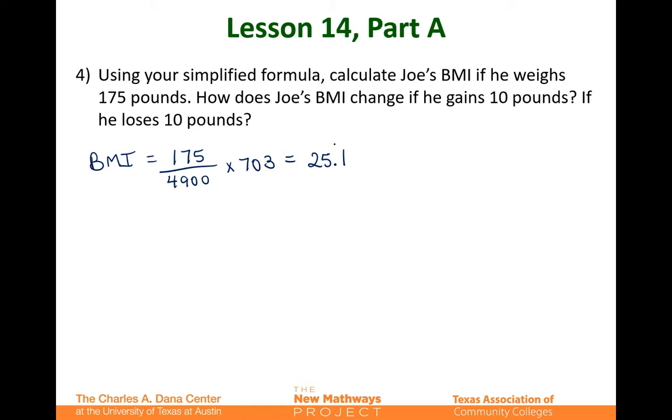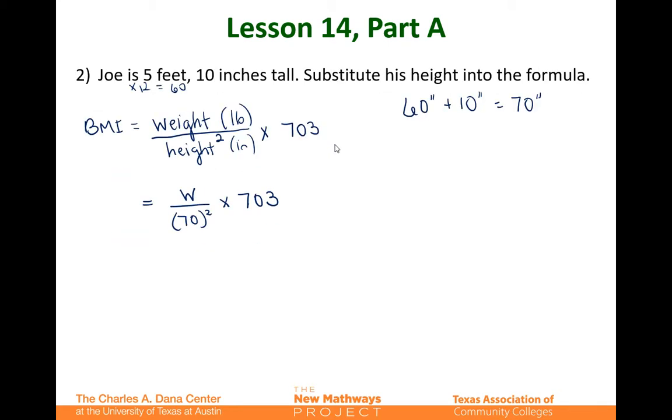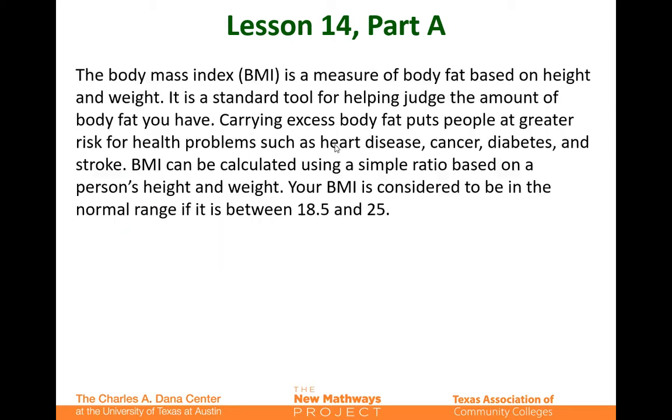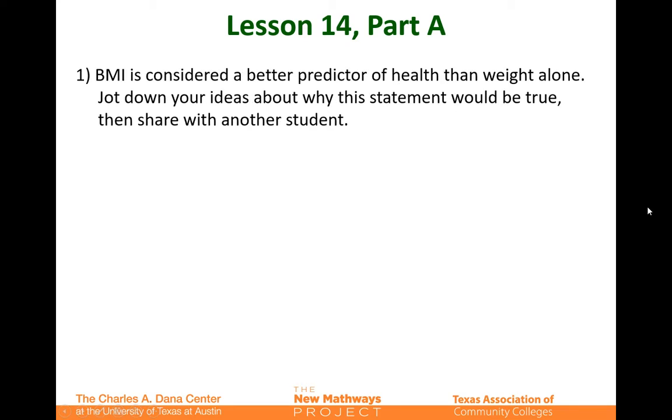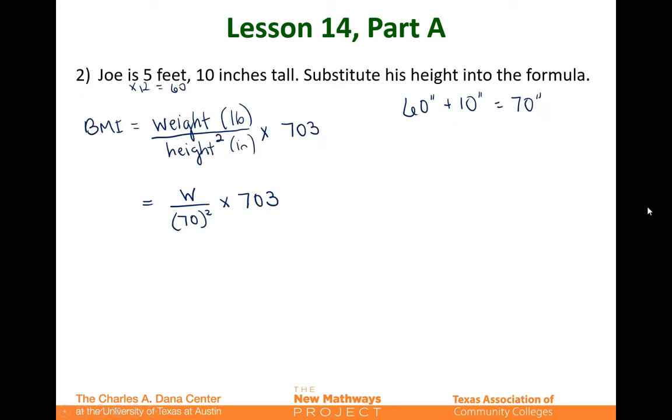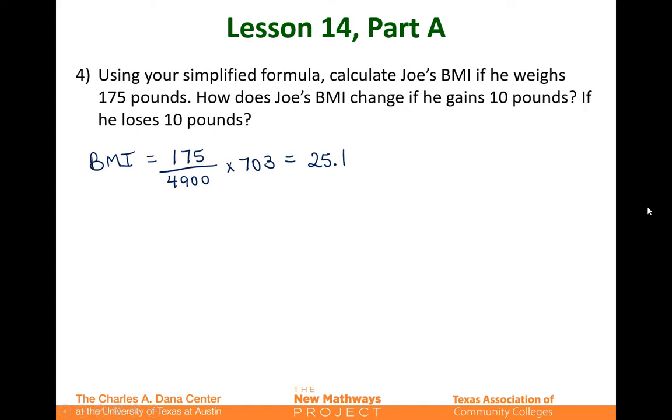Let's go back and look at the safe range, 18.5 to 25. So he's just at the upper edge of what is considered a good weight for his height. Just barely past it.